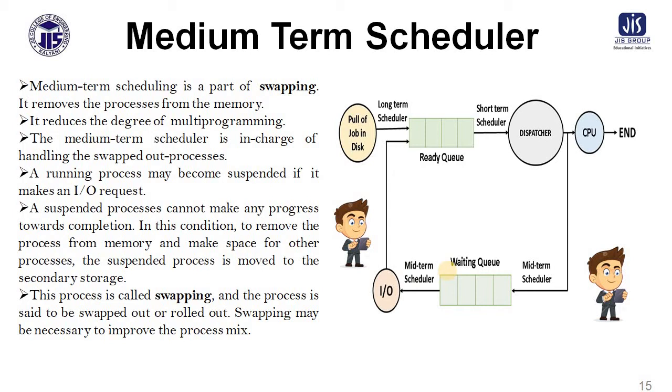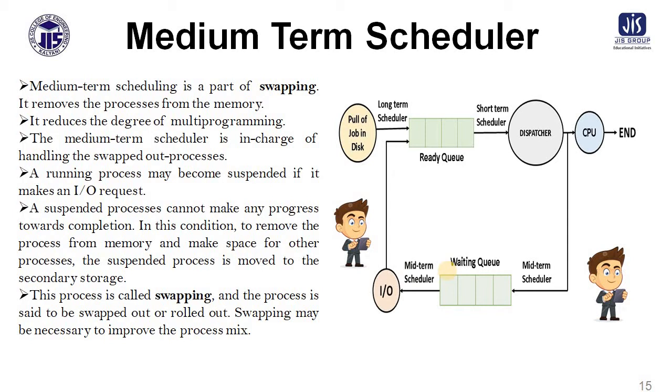It removes the process from the memory. It reduces the degree of multi-programming. The midterm scheduler is in charge of handling swapped out processes. A running process may become suspended if it makes an IO request. A suspended process cannot make any progress towards completion.